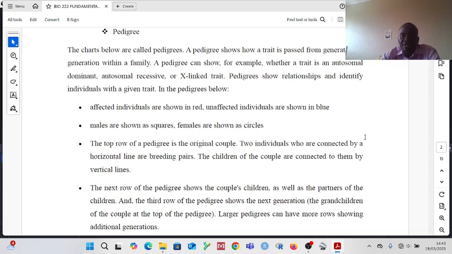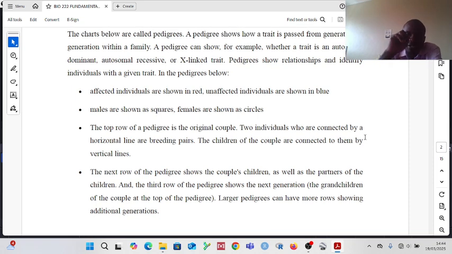So these pedigrees will show relationships and help us to identify, within this family, which individuals have a given trait. So if you are thinking of sickness, within that family, nani ako na hiyo ugonjwa kwa mfano. Okay. So we'll see on the next page an example of a pedigree.